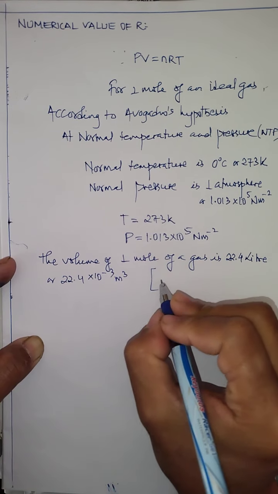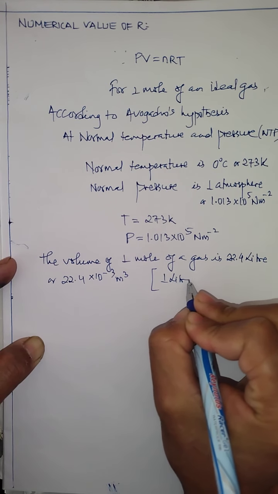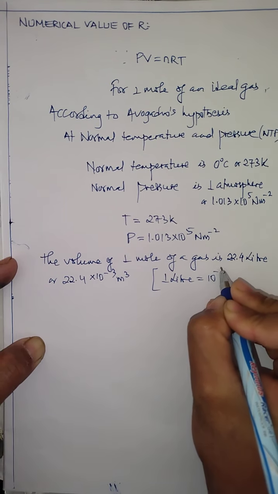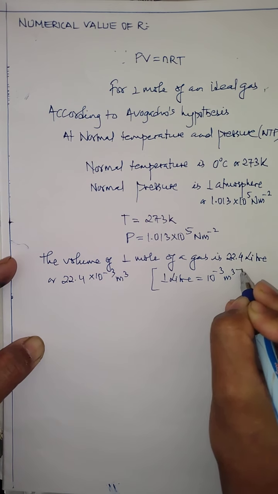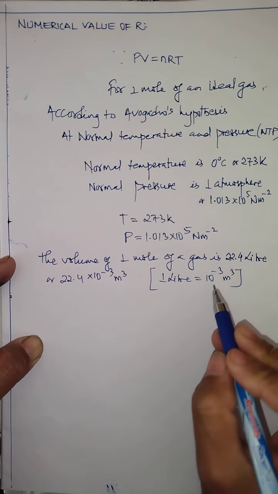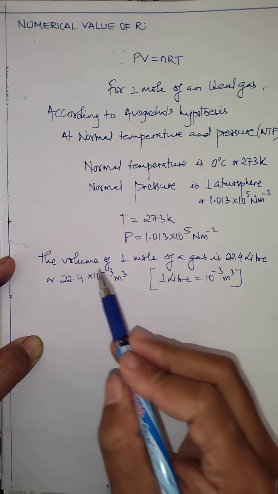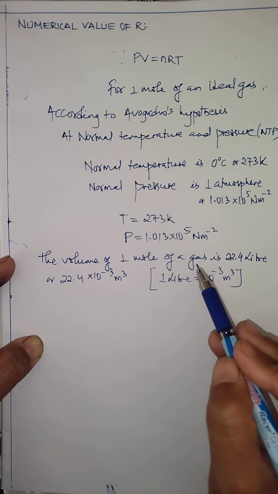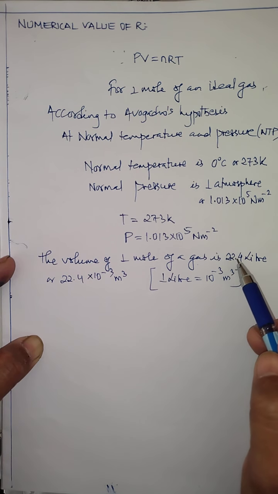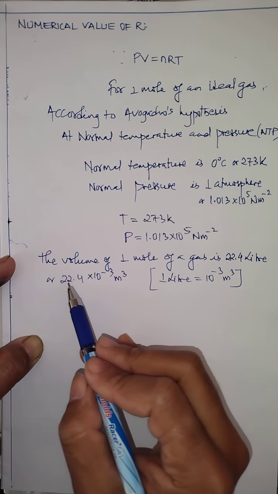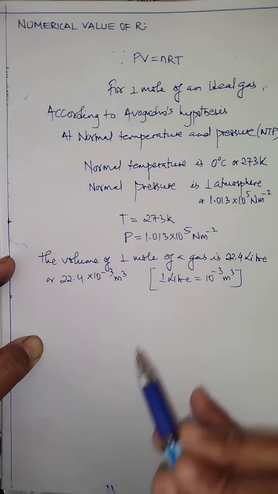But children, remember this part, 1 liter is equal to 10 to the power minus 3 meter cube. So to convert from liter to meter cube, we multiply by 10 to the power minus 3. So the volume of 1 mole of every ideal gas is almost 22.4 liter, that is 22.4 into 10 to the minus 3 meter cube.